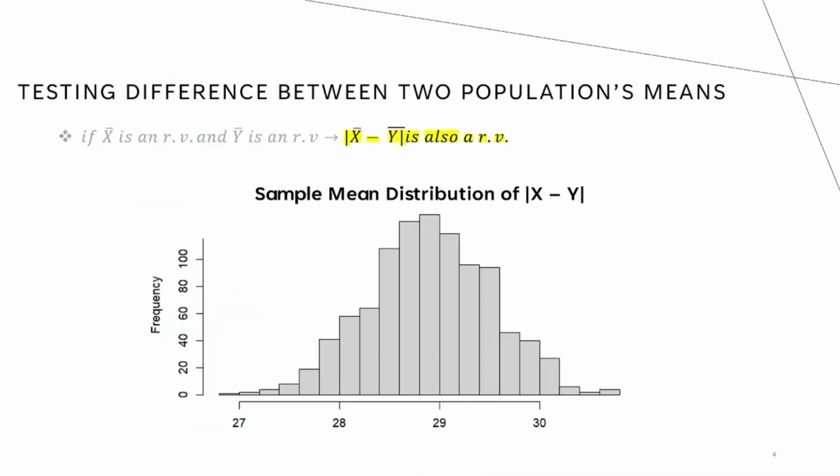Nope, sorry, getting ahead. So I did a similar simulation for the distribution just to demonstrate that the difference is also a random variable, and the same mechanisms apply that we've been using before, and the simulation demonstrates that as well.